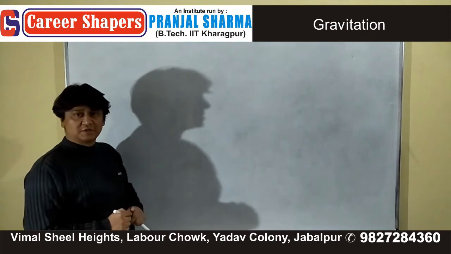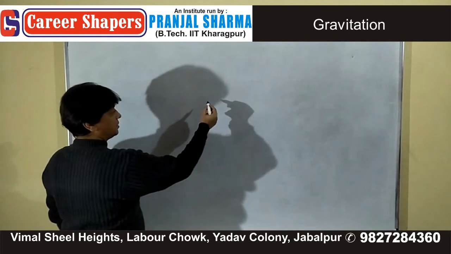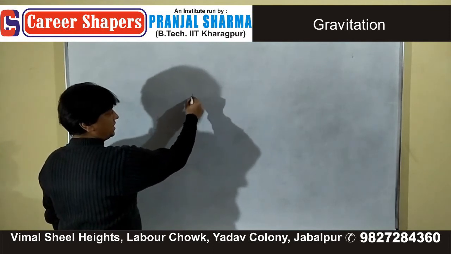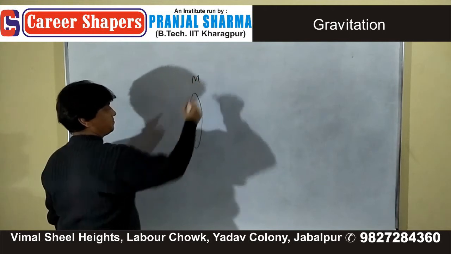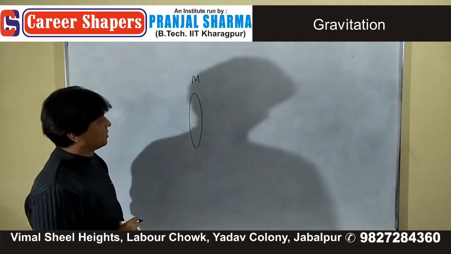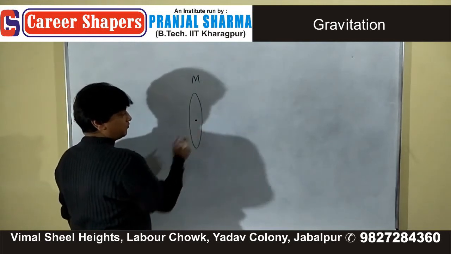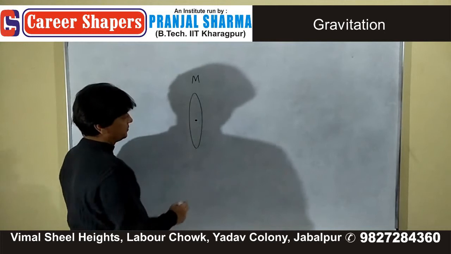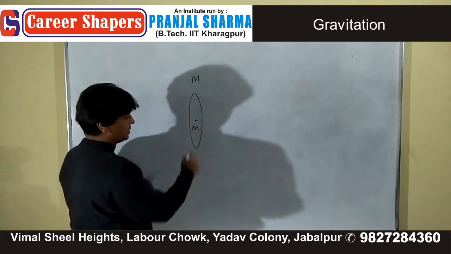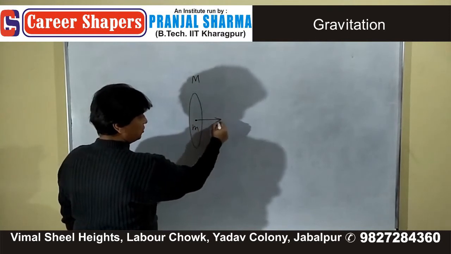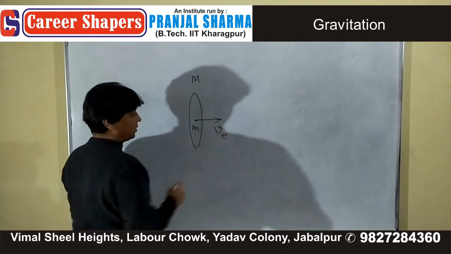Now let's take some examples on escape velocity. We have a circular ring of mass m. From the center of the circular ring, a point mass m is projected along the axis with escape velocity v.